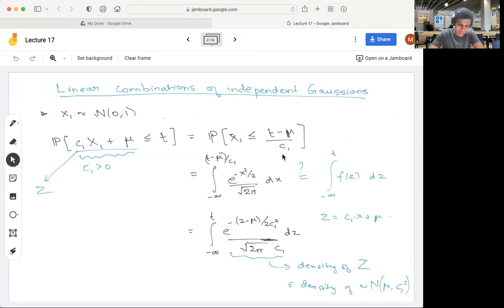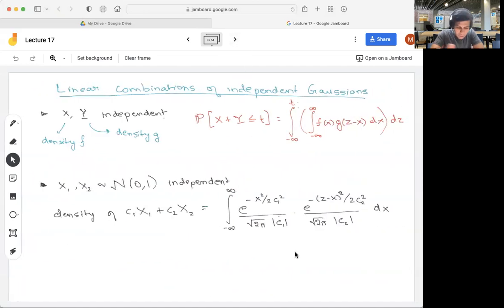You will flip one of the inequalities, but then you will also get a negative sign when you do the variable substitution, and you will end up with the same kind of density function. So it doesn't change the proof a lot when C is negative, but you just have to be careful when you're using this inequality. And so that's why I initially only studied the case when C is positive. Okay.